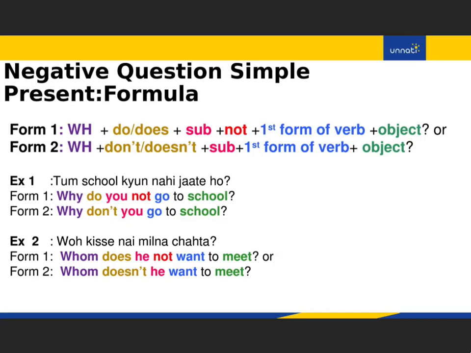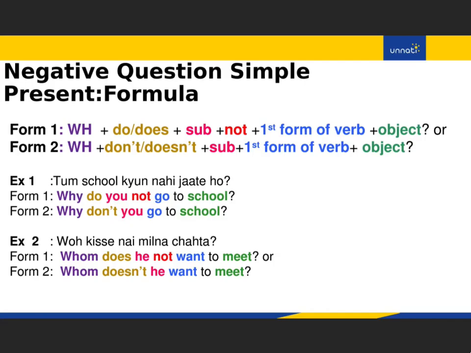So we will look at the second sentence. वो किससे नहीं मिलना चाहता? Okay, so we will construct in both the ways. The first way is WH word plus do or does plus subject plus not plus first form of verb plus object.